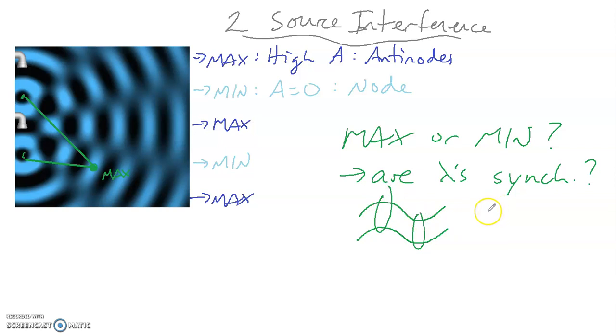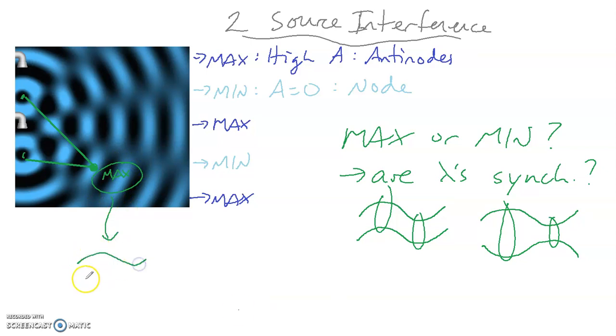If that's not the situation, if one wave is like this and the other wave is like this at your location from the two sources, these guys are going to cancel out, these guys are going to cancel out, and you're going to get nothing at all. And that is what's happening in different locations. At this maximum right here, you've got waves from two sources, and those two waves are perfectly matched up to give you really, really high crests and really, really low troughs.